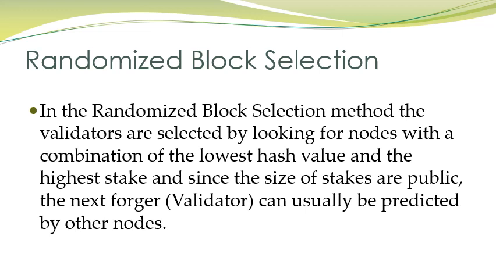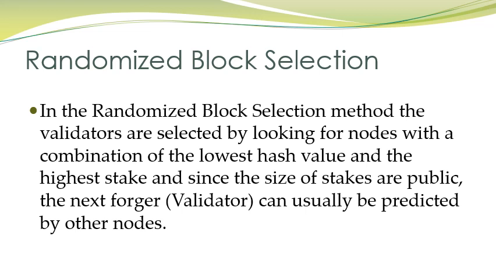Since the size of the stake, how much currency that node is holding, is public, the next forger, who will become the next validator, can be easily predicted by other nodes because of this algorithm.